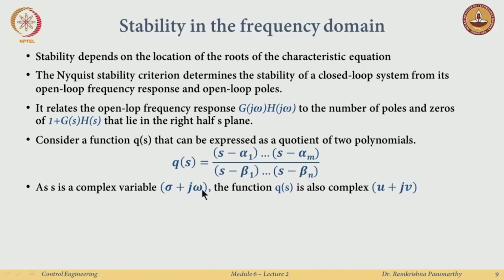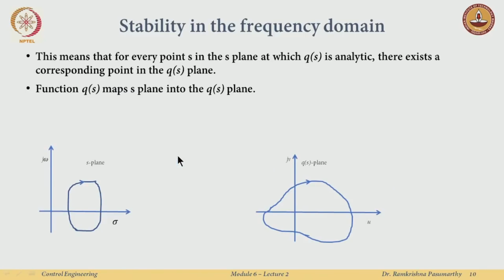If S is a complex variable, the function Q of S is also a complex variable. Let me call that u plus jv in the new axis. So I start with the sigma j omega axis and I go to the u jv axis via this map Q. Q takes S, computes all these things, and gives me Q of S. Not complicated, do not get worried.